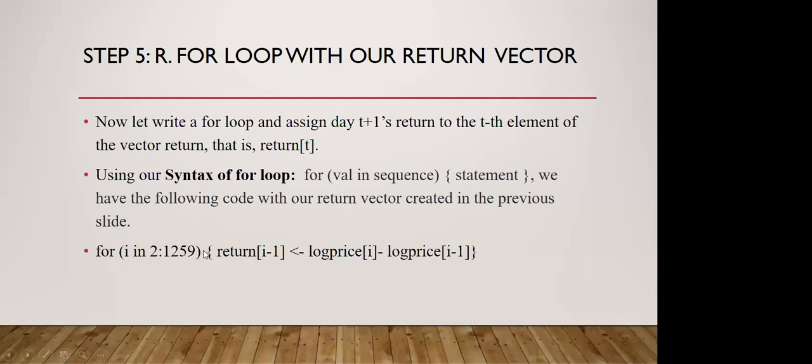So here is the code for the for loop. For i, the first variable, in 2 to 1259, which is the last value that we're using. That means we're starting at day 2 instead of 1. So we're telling R to start from 2 to 1259.